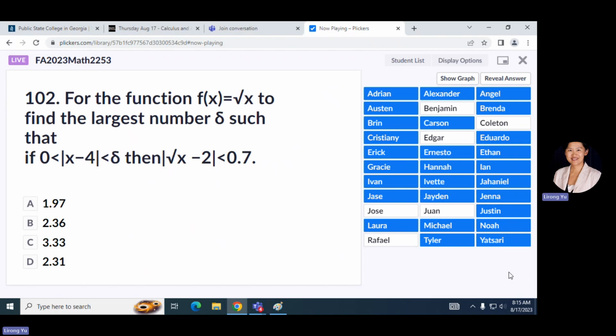Minus 4 will be 6.2. We choose the smaller one. The other one was larger. That is smaller.